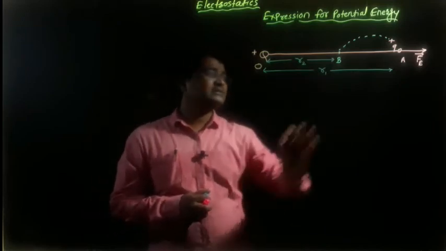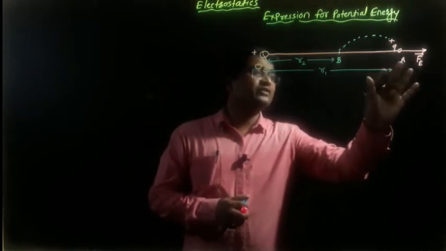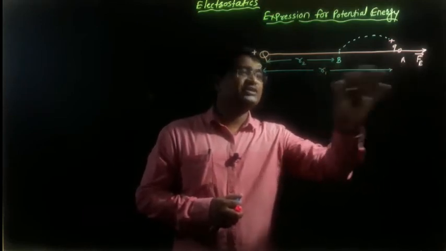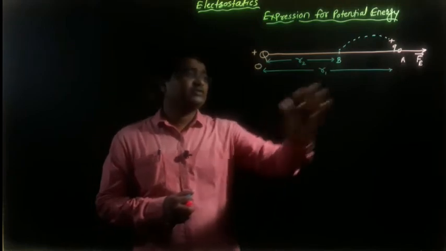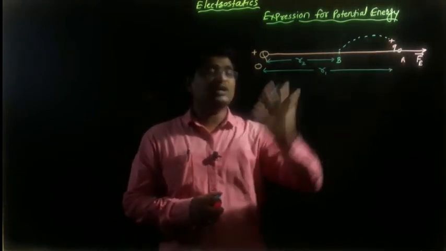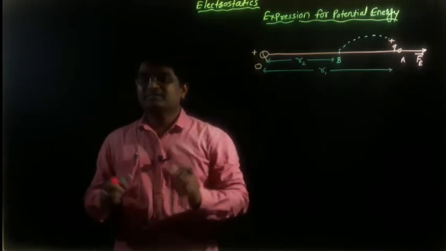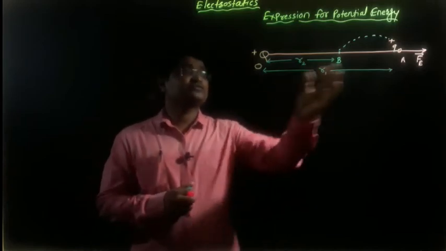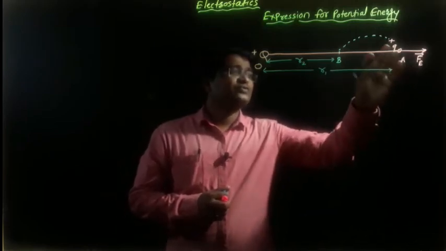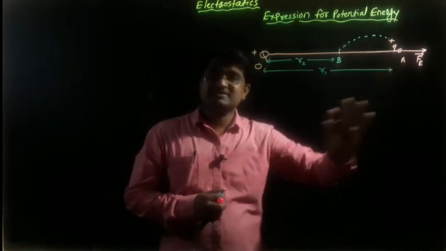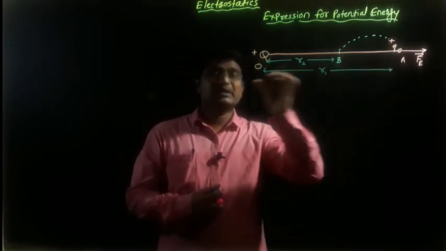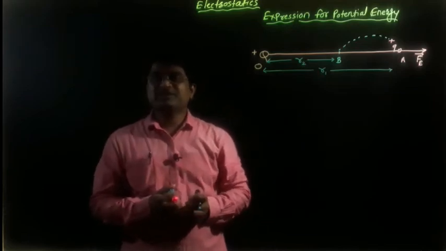So it means that this unit charge is moving from initial position A to B. Simply, its displacement will change from R1 to R2. When this unit positive charge moves from R1 to R2, work has to be done, and this work is done against the electrostatic force. And when the charge performs work against the electrostatic force, its potential energy will change, because this work done is restored in the form of potential energy.